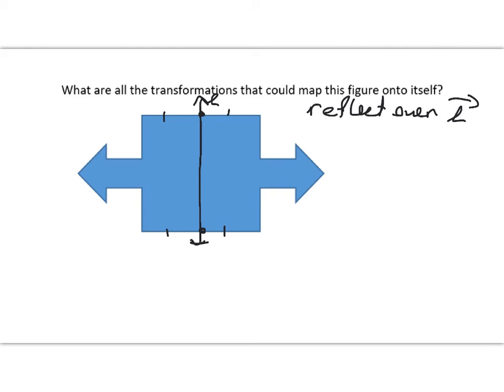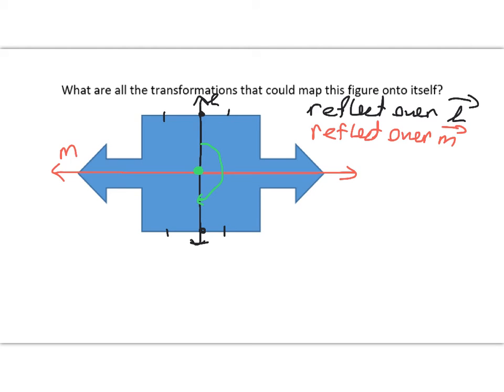Another thing I could do is, let's say this line right here, I could do a line of symmetry here as well. We'll call this M. So I could reflect over M. Another thing I could do is from this center point, I could rotate it 180 degrees.